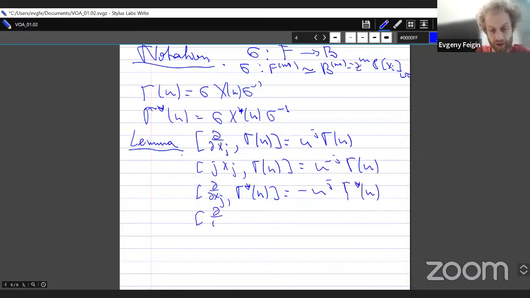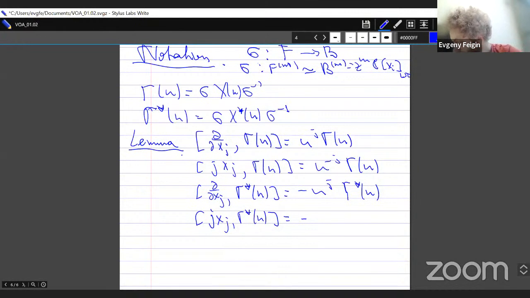And this equals minus u to the minus j gamma star of u, like this.